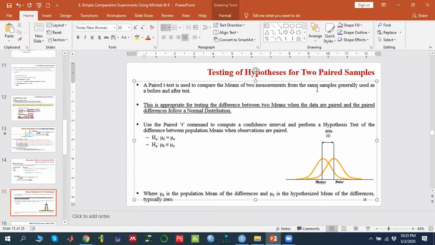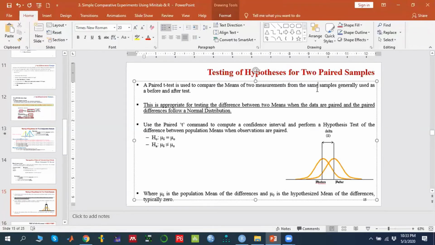For example, we have 10 machines and we take the data on the production rate of those 10 machines, then we do some maintenance program on those machines, and again take the production rate to check whether the maintenance significantly impacts the production rate or not.